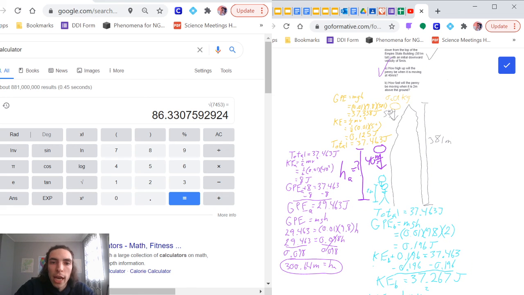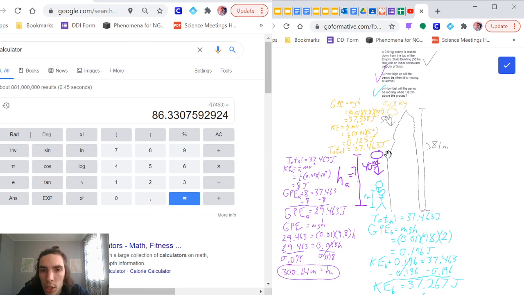Just to recap what we did in this video, we were trying to apply energy conservation to make predictions for, in this case, a penny at different points of its fall. And the reason that conservation helped us out here was because if we could figure out the total energy anywhere in the system at any point throughout its fall, that total energy had to be the same throughout the entire process.